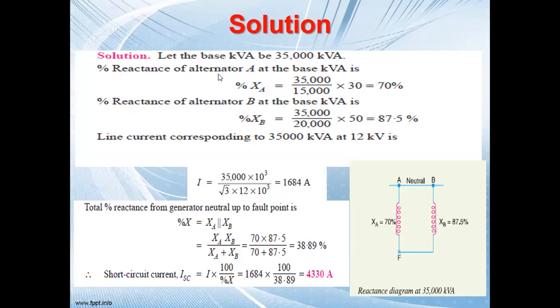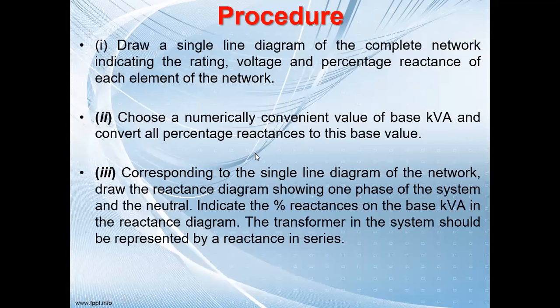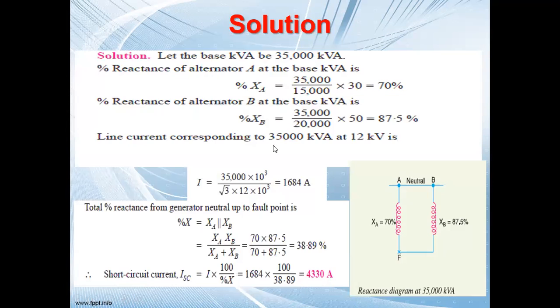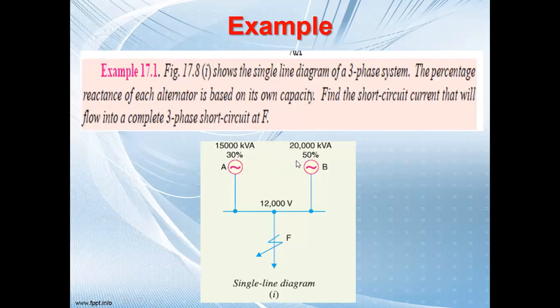Okay. Now let us say we have chosen this base kVA. Second step. So base kVA is chosen. Now we have to calculate what is the percentage reactance of this equipment. Now 35,000 kVA is the base kVA. For generator A, the kVA rating is 15,000 kVA.